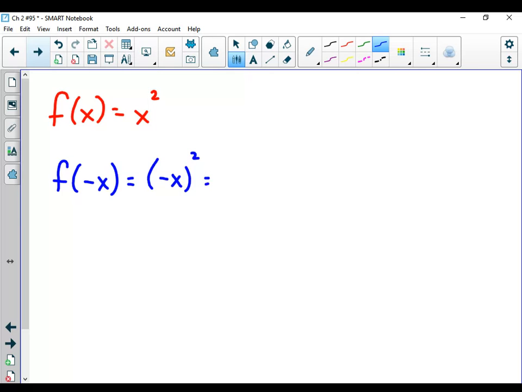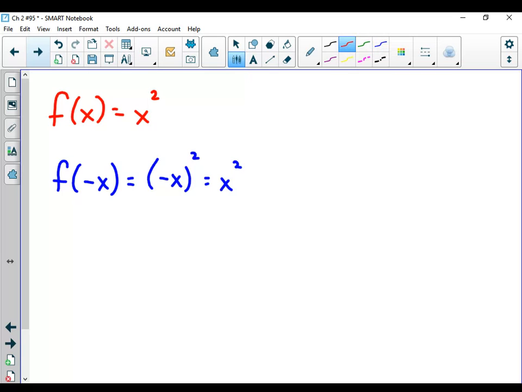What's negative x if I turn around and square it? Logan, what did you say? Yeah, we're getting a positive x squared, right? Which in this case was back to where I started. And that's why when we made our parabolas, everything on the positive side looked like everything on the negative side. So that one, it didn't really change anything.